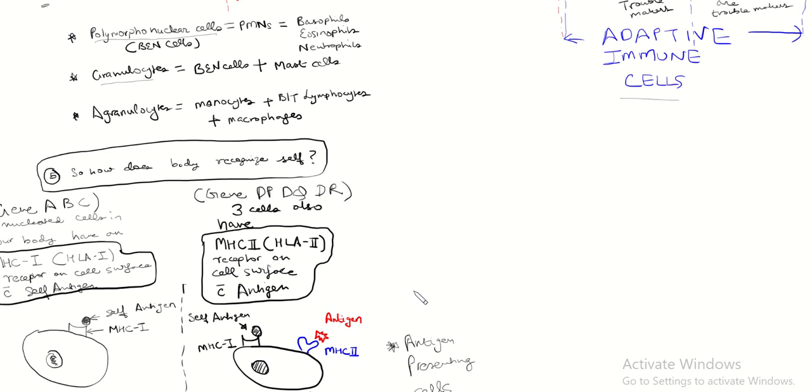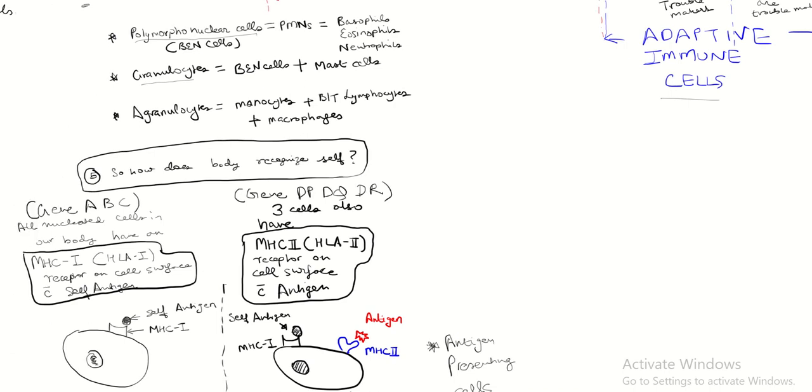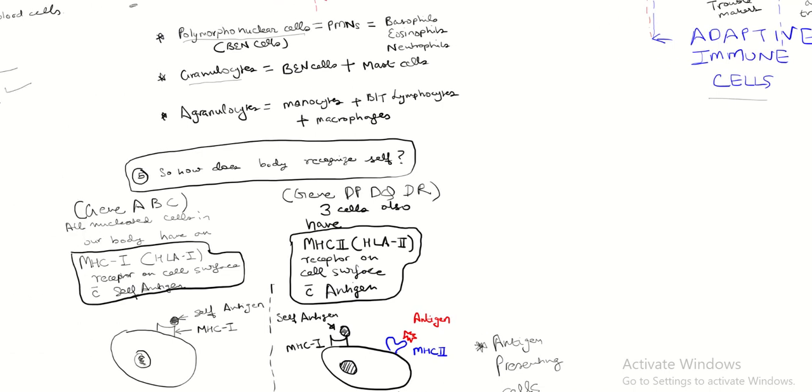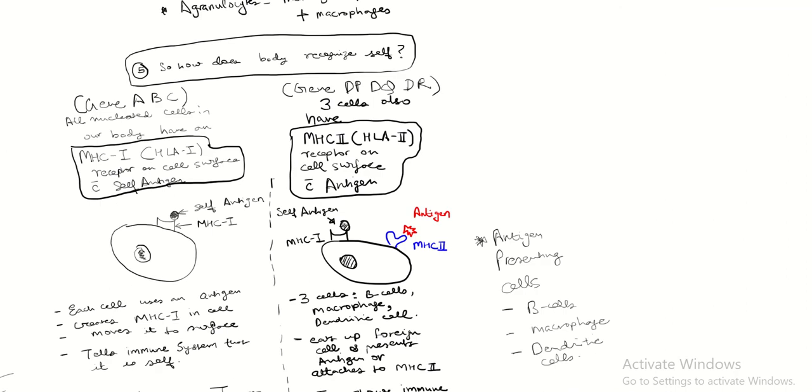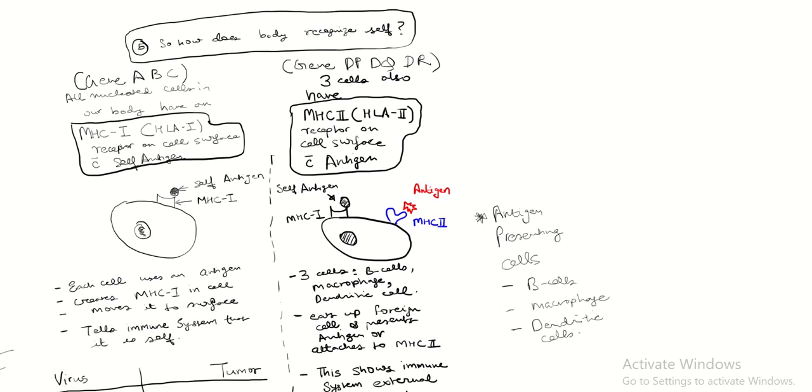So let's talk about the next thing here real quick, which is, now that I have an idea about the soldiers, how do I know what is self and what's not self?